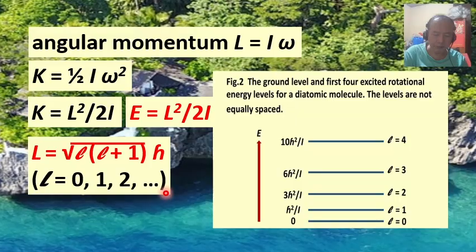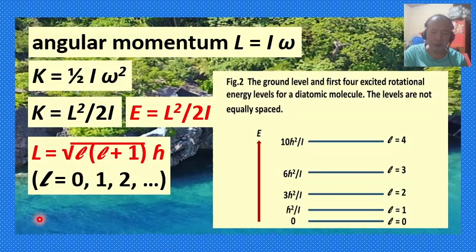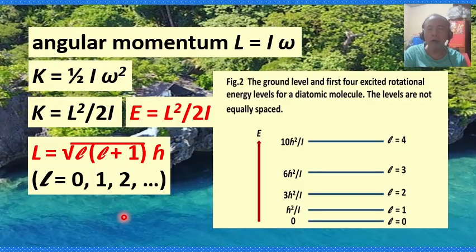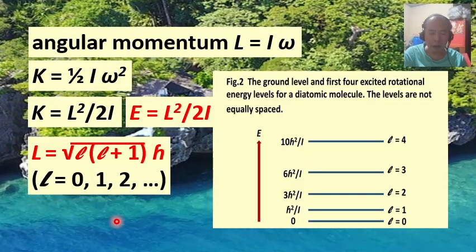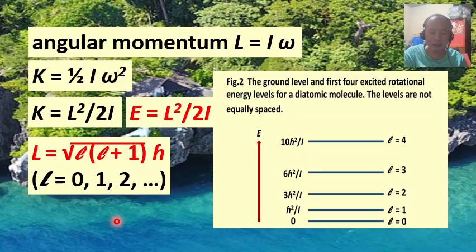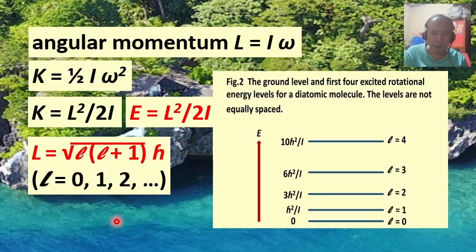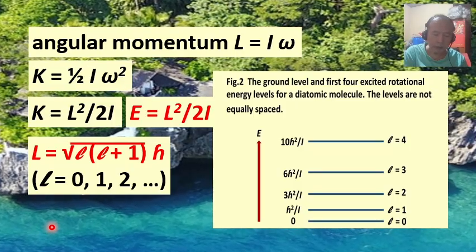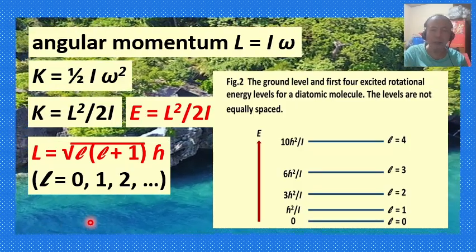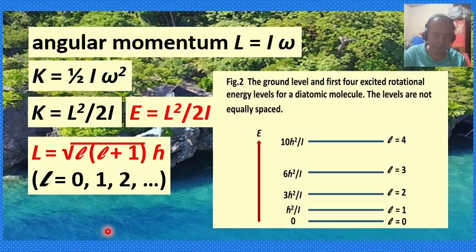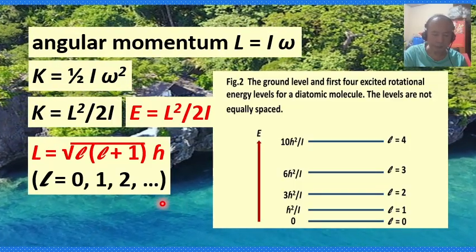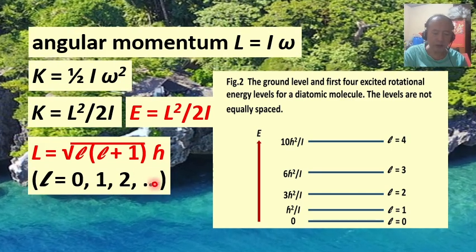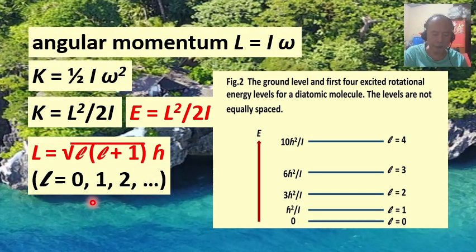In other words, transitions between rotational states that involve photon emission or absorption are allowed only if the rotational level E sub L changes by 1. The constant h bar here is Planck's constant divided by 2 pi.